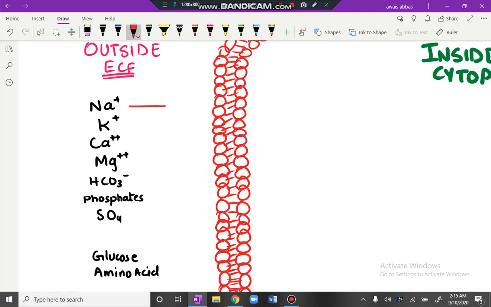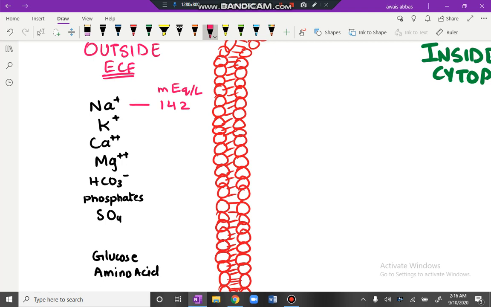So when you are talking about the sodium ion present outside, it is 142 milli equivalent. Okay, so I'll be suggesting the unit because it's going to be the same for the ions from the sodium till sulfate. So it's milli equivalent per liter. It's 142 milli equivalent per liter.